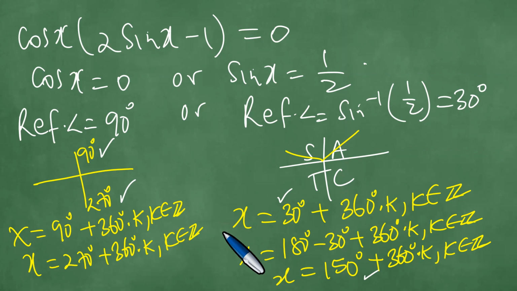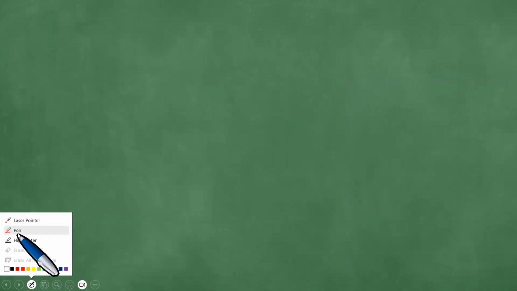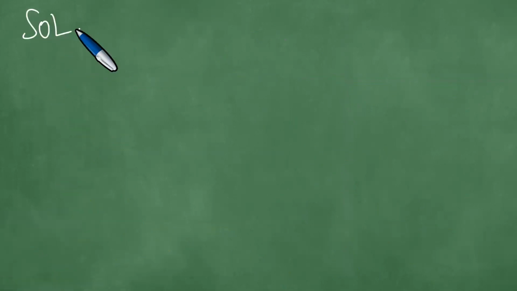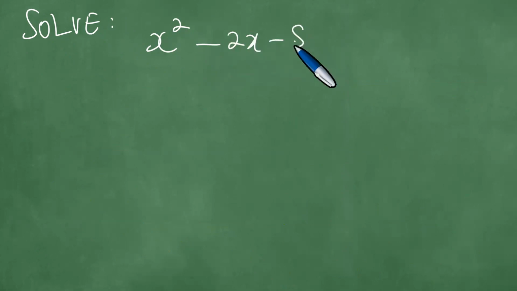Now in continuing, let's solve some equations and some inequalities. Let's solve this inequality here. We need to solve x squared minus 2x minus 8 is less than 0, and look at the solution to this.